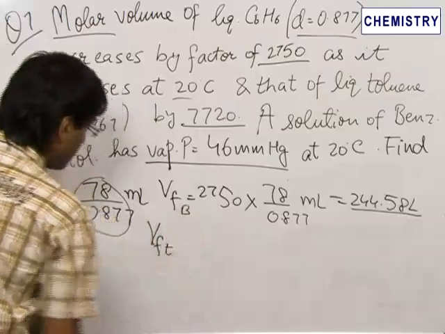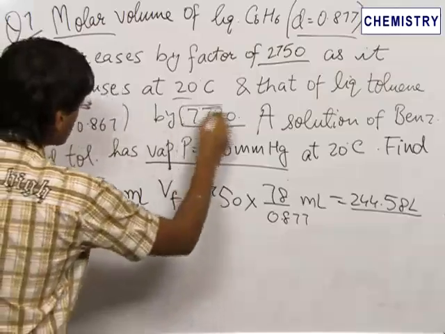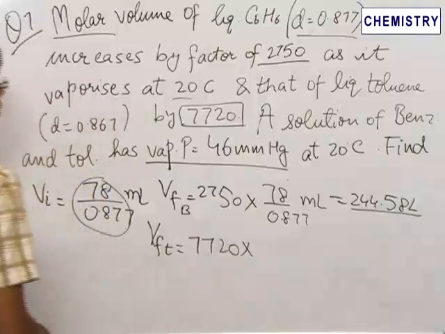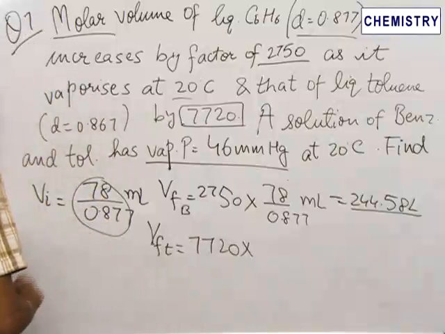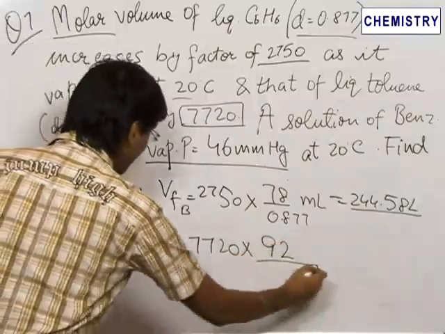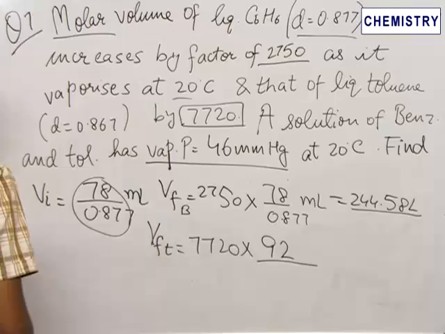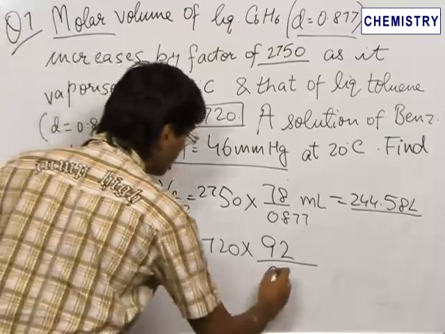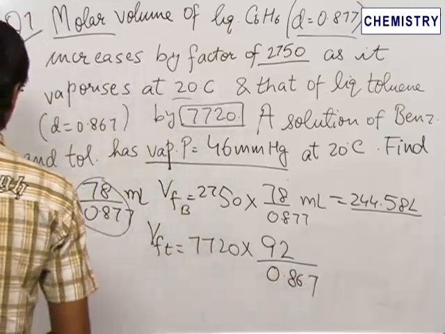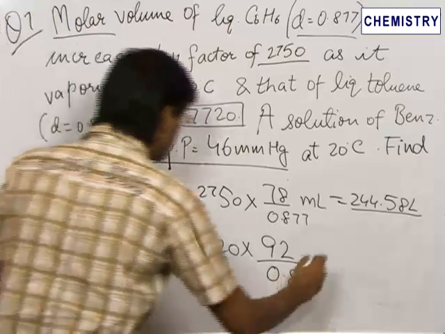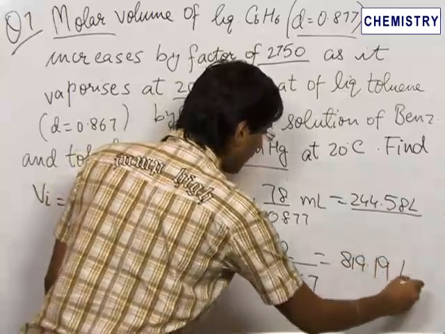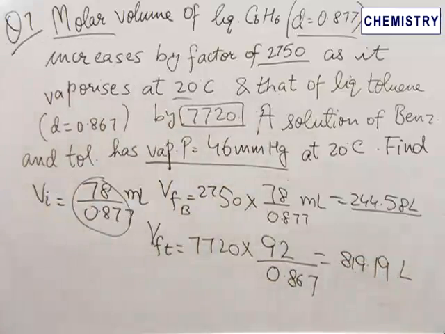Since it increases by a factor of 7720, it is equal to 7720 times the initial volume, which is the molar weight, 92 grams of toluene, divided by the density of toluene, which is given to be 0.867. This gives the final volume of toluene to be equal to 819.19 liters.